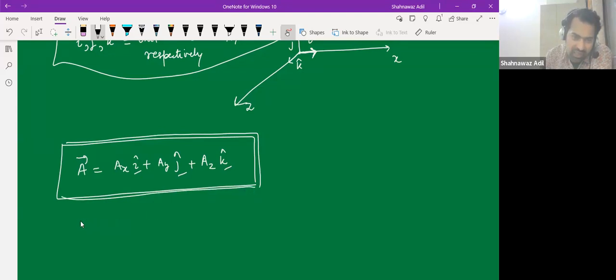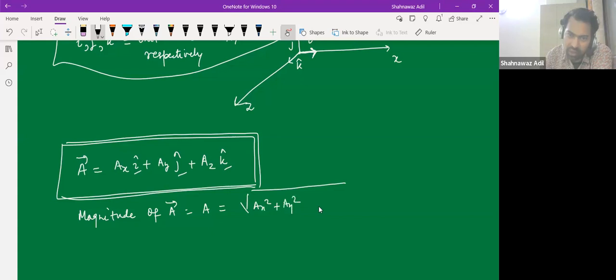We can calculate the magnitude of the vector, which is simply the square root of ax square plus ay square plus az square.